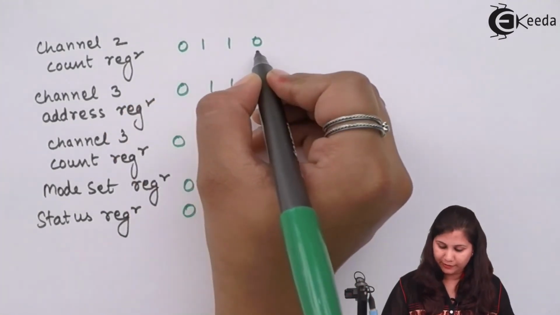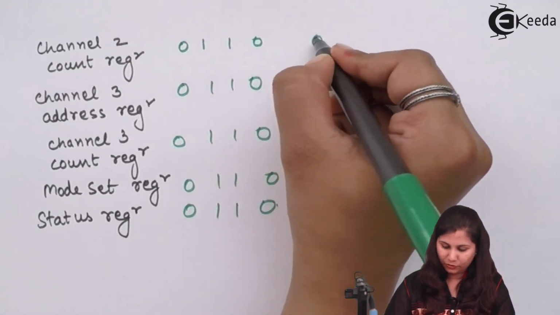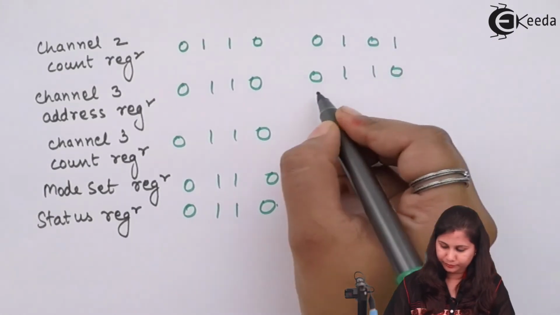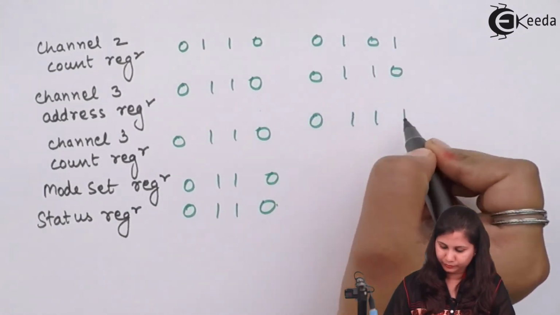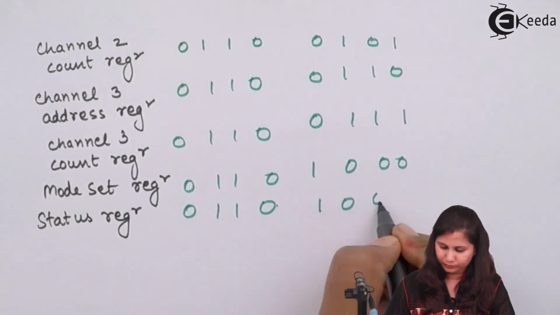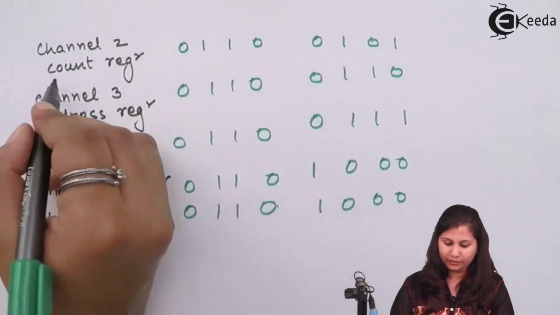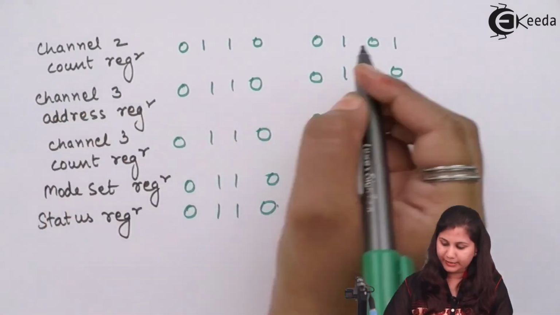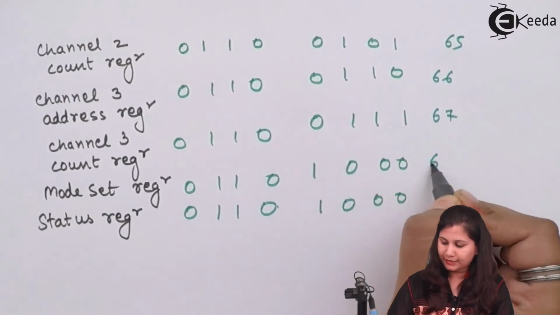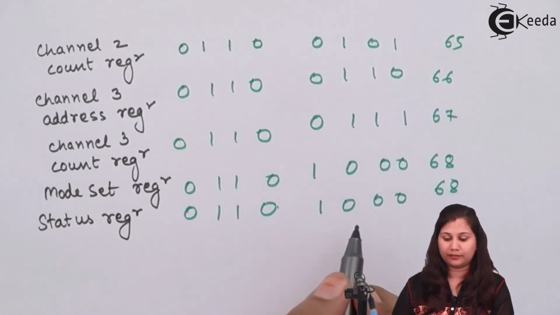So for the channel 2 count register, we will have 0, 1, 0, 1, then 0, 1, 1, 0. So the addresses come out as 65, 66, 67 and 68 for the remaining registers, with 68 being for both the mode set and status register.